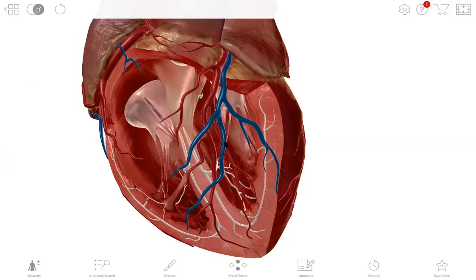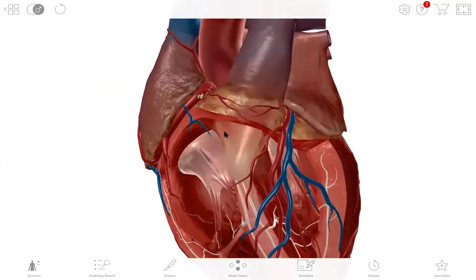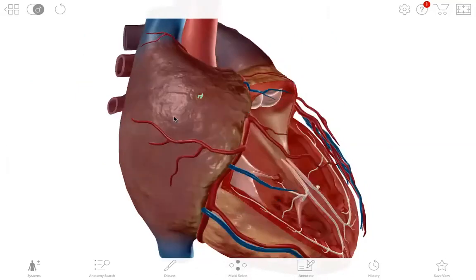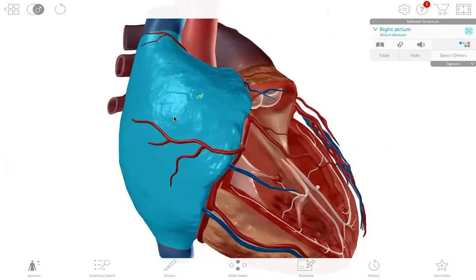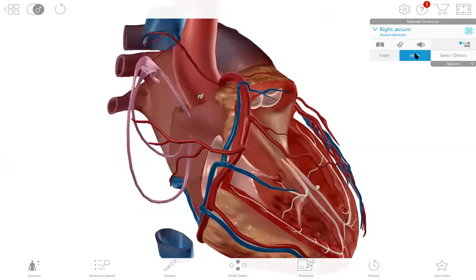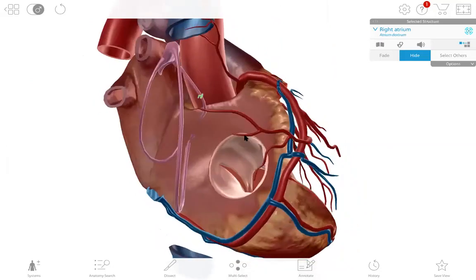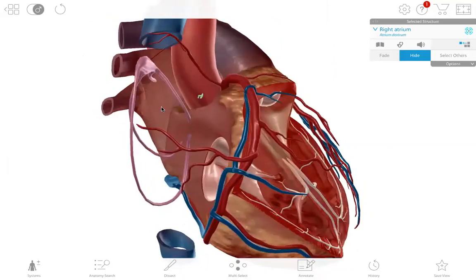Also, I forgot to mention that inside the right atrium, this is the SA node and this is the AV node. Inside the right atrium, at the smooth part of it, I will have a saucer-like depression which is called fossa ovale.